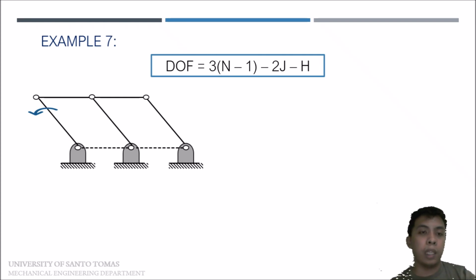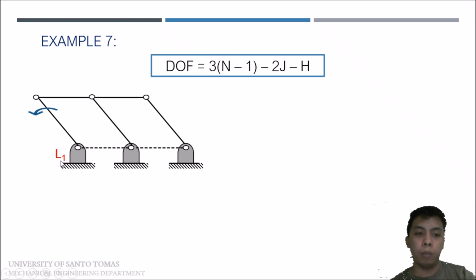Next, we have example number 7. As you can see, this example is almost similar to our example number 1, but the difference is we have an additional link in between. So let's try to solve using Grubler's equation. Let's count how many links there are.